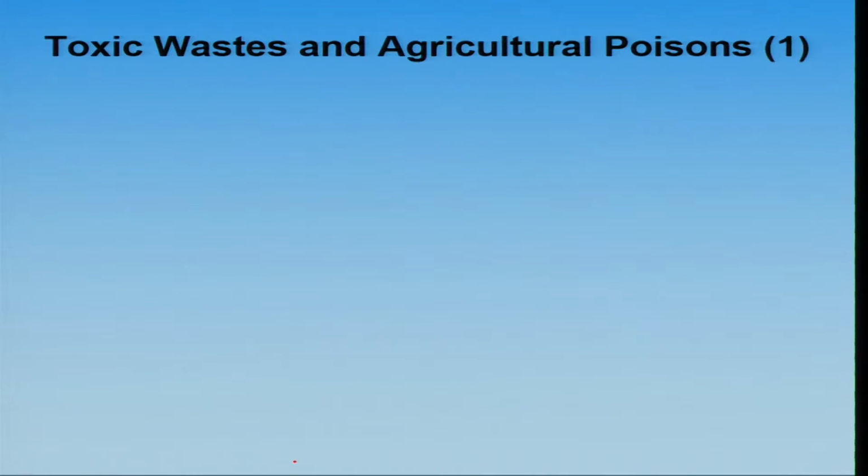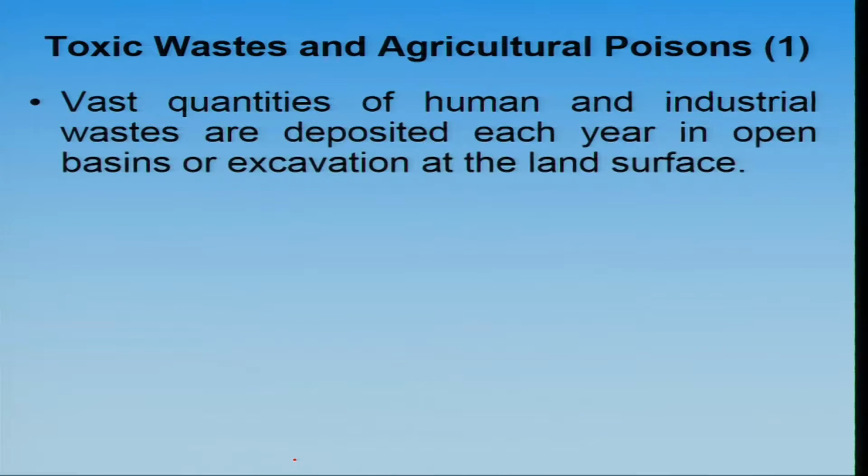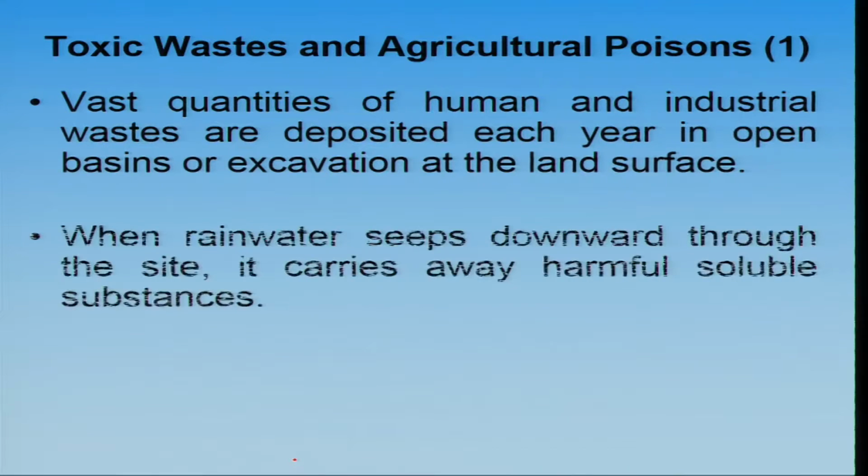Now, toxic waste and agricultural poisons. A vast quantity of human and industrial waste is deposited each year in open basins, or excavated at the land surface. So, without understanding what type of material is sitting below, we keep on dumping the toxic waste, and that can contaminate the groundwater.